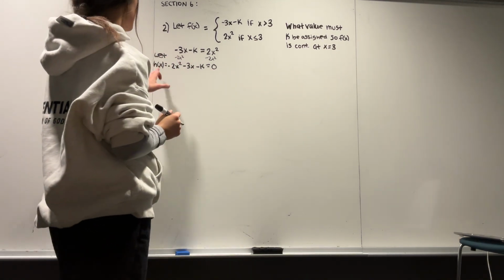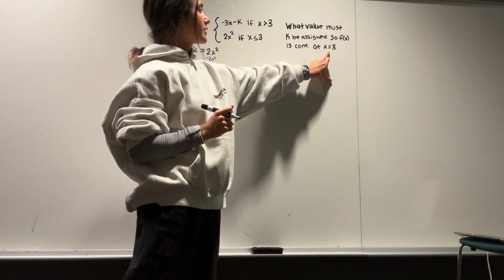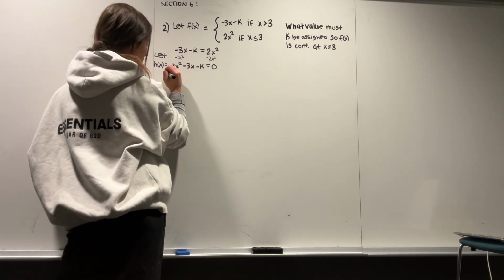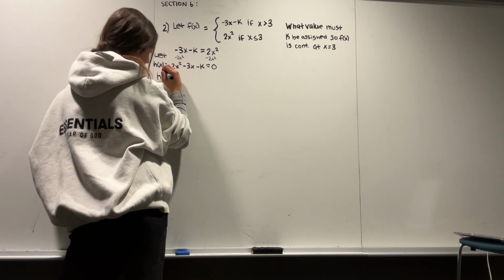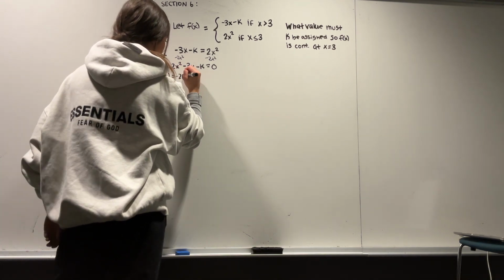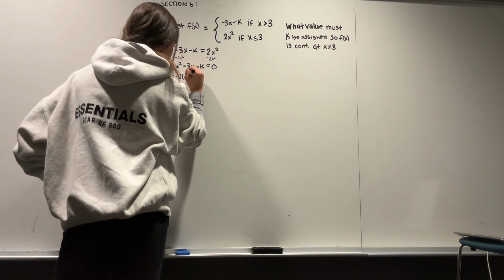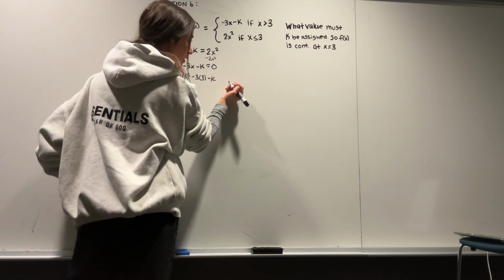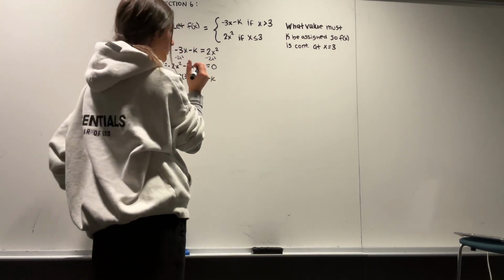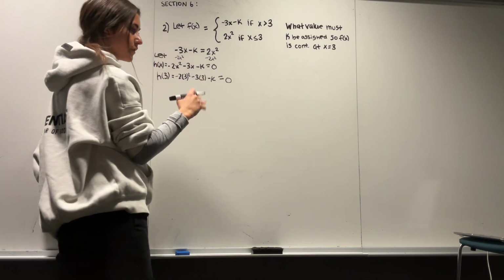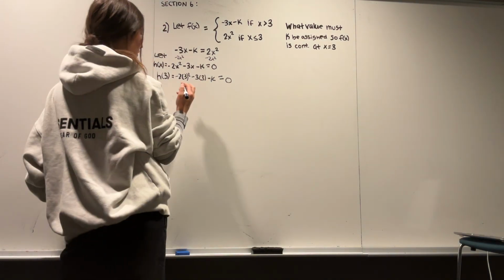And then since we want it to be continuous at x equals 3, we're gonna do h of 3, it's gonna be negative 2 times 3 squared minus 3 minus k, and then it's still going to be set equal to 0.